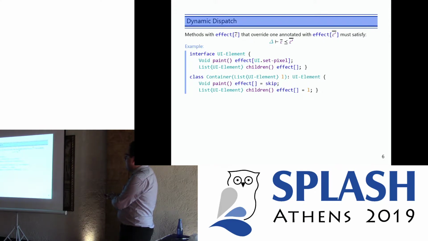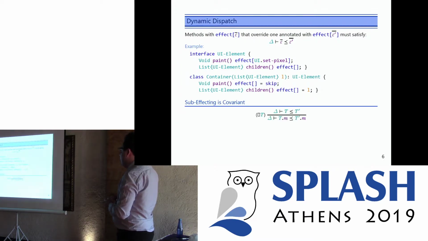Now, if we did something else, say, tried to shut down the program here, then that is likely to fail to type check. And so you don't need to look at all the implementers of UI element to know what calling paint on a UI element can do. You know that it can do at most this, which will set pixels. This enables us to have this extra rule, which is quite important for soundness.